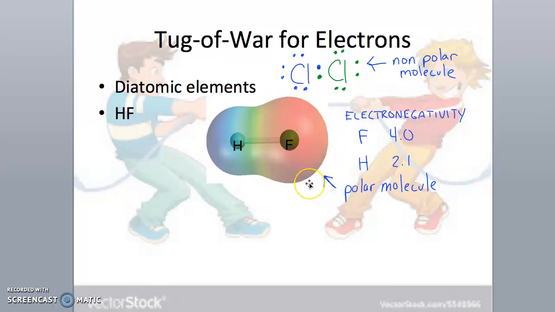And we call this a polar molecule because it has an uneven distribution of electrons. Our diatomic elements will be nonpolar because we would expect that the electrons would be evenly distributed, because the electronegativities are the same for both of these.